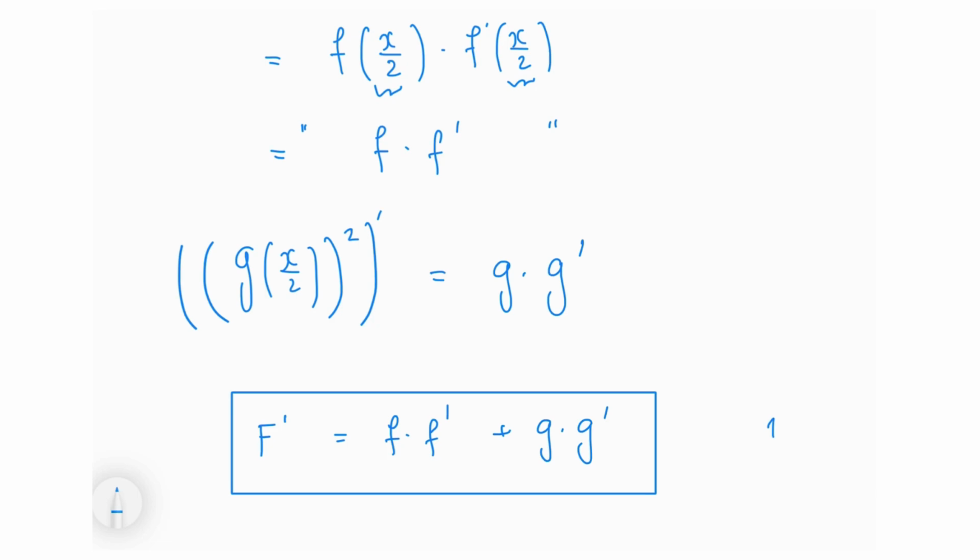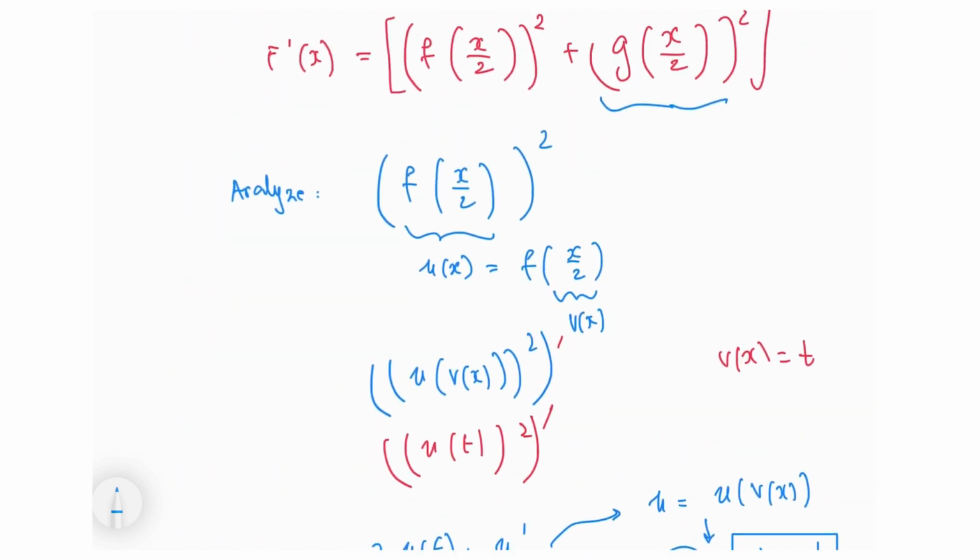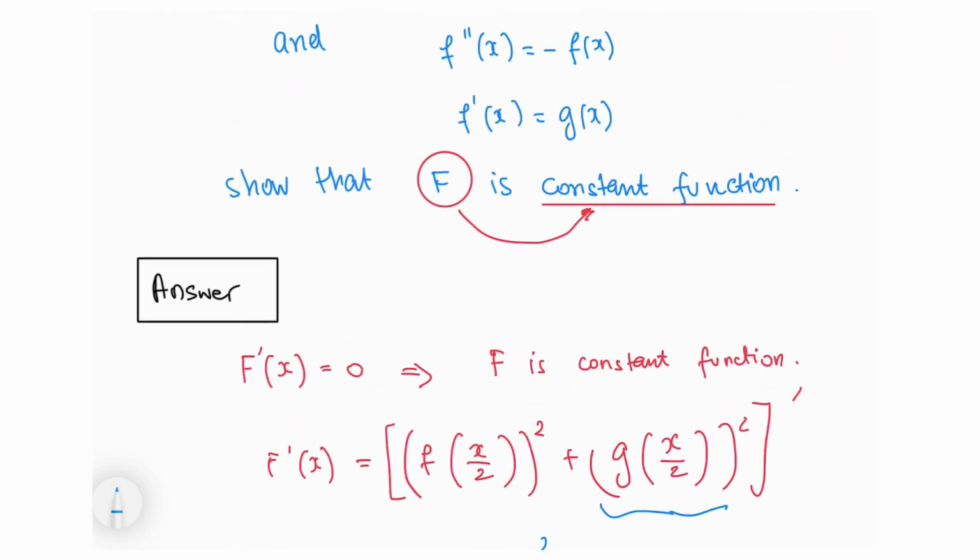So let us call this 1. Now we want to show that this is 0. Okay, if we show that this is 0, again, we don't know anything about capital F, but something else we know. We will now use these two conditions, additional, that might help us.